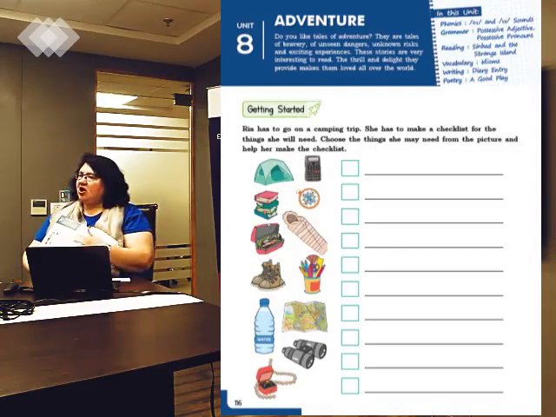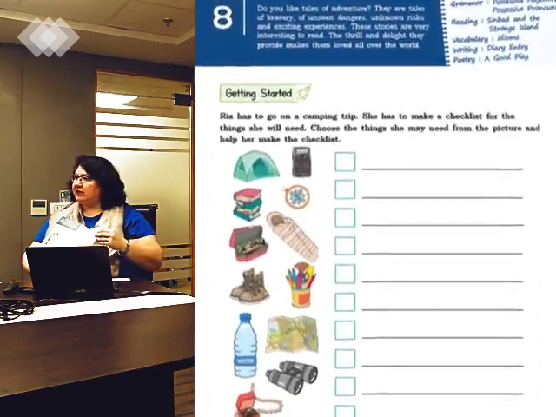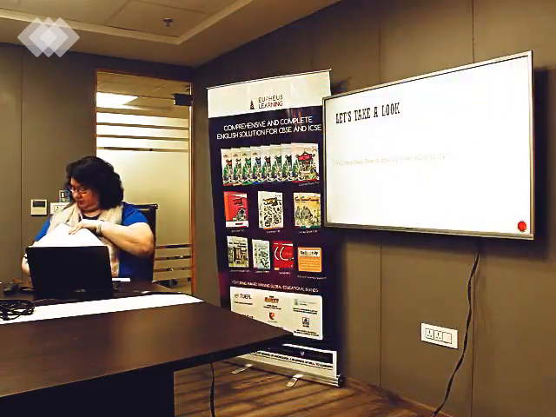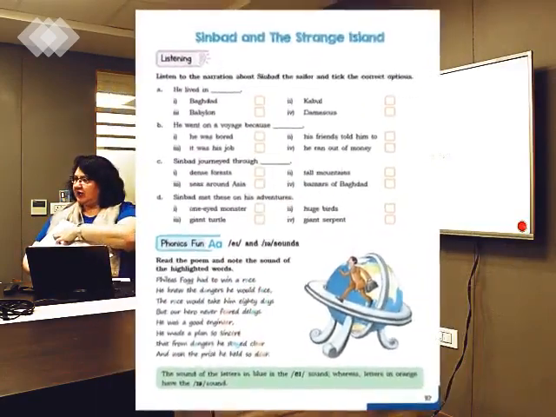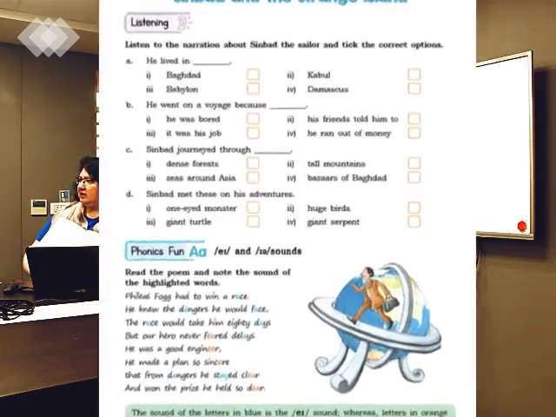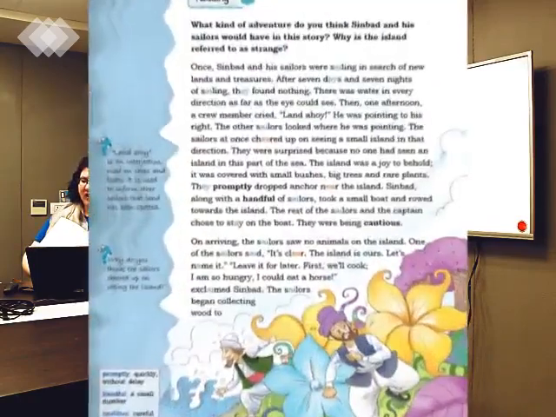Then we're connecting it also to other adventure themes, like around the world in 80 days. Here we have Phileas Fogg from classic literature. On the next page, we're still talking about Phileas Fogg. And then on the next page, we bring in Sinbad. So again, all of this is related to adventure.